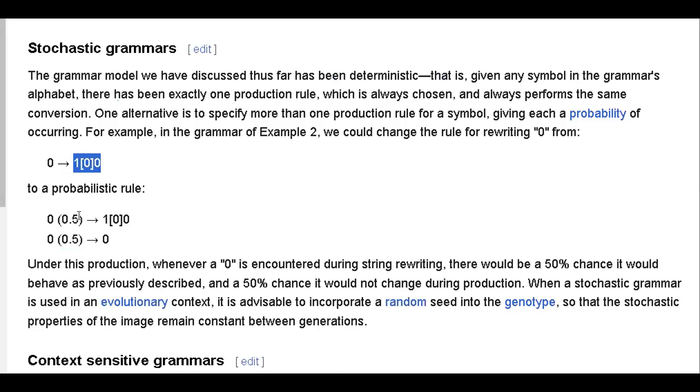If you specify a certain probability, then, when you look at nature, we get different branching structures, and they are not the same. So when you include this probability term here, we get different branching structures.